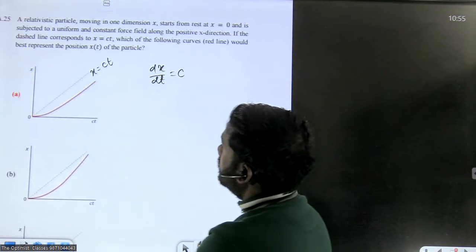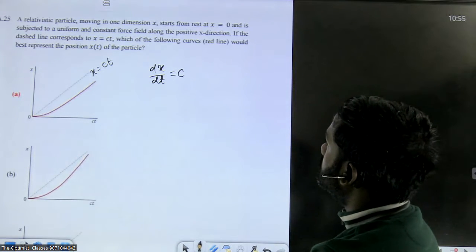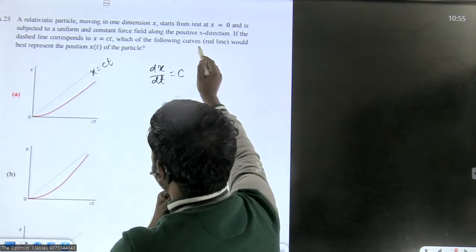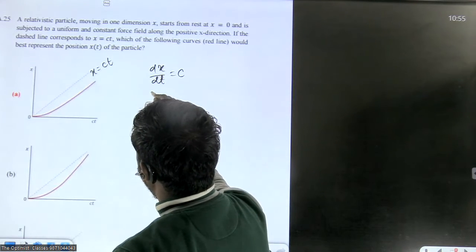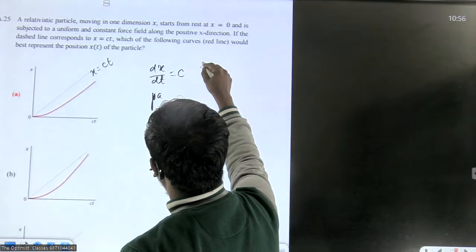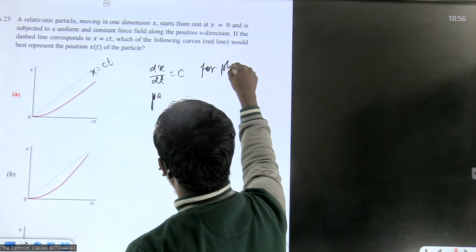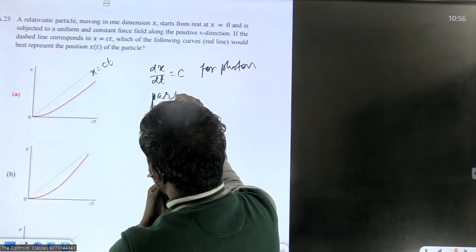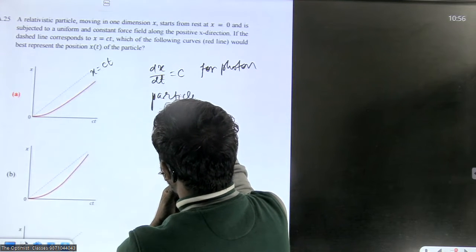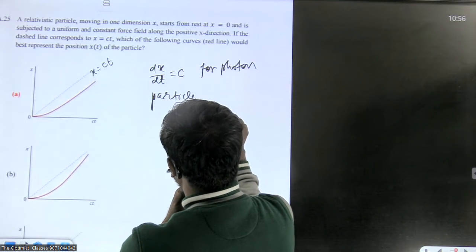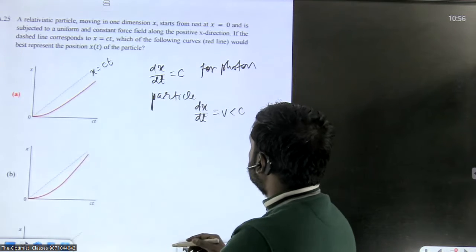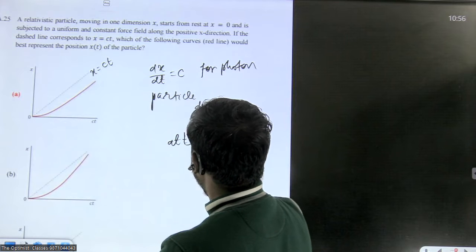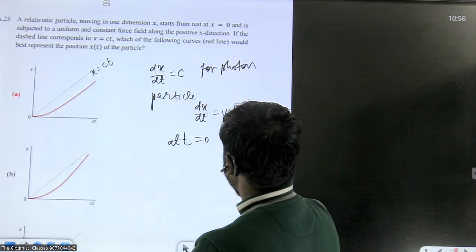But it says a relativistic particle moving in one dimension, x starts from x equal to 0 and is subjected to uniform constant force. So this dotted line is made for photon. For the particle, dx by dt will be equal to the velocity of the particle. But at t equal to 0, in the beginning, dx by dt is 0.